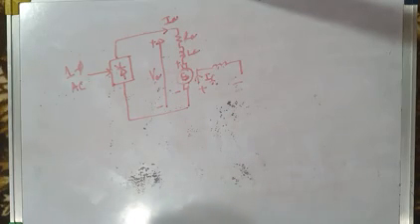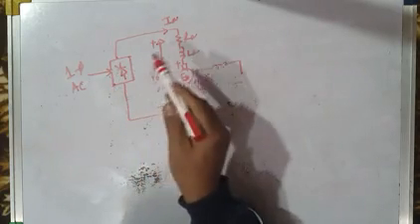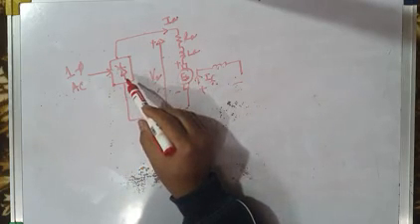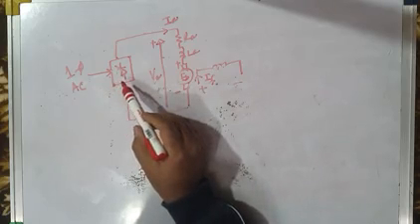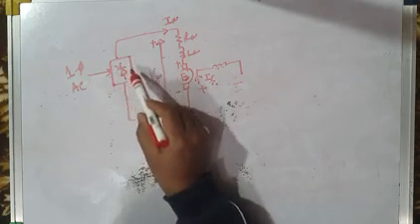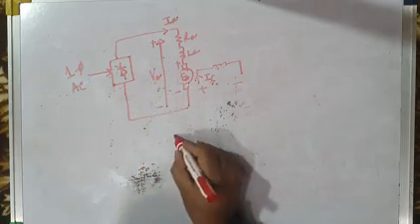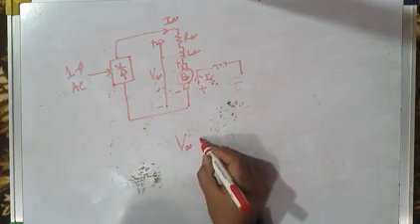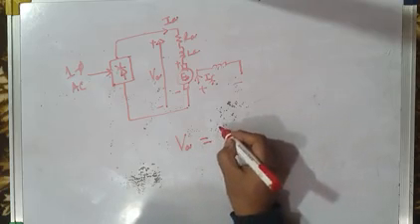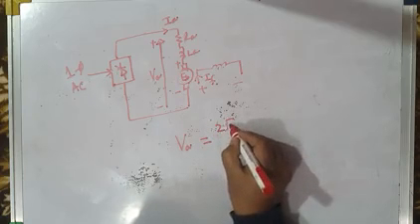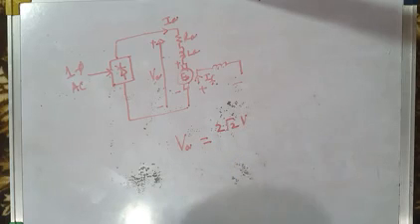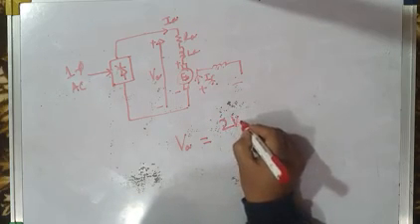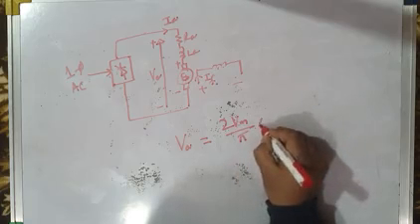Now we know that the output voltage, I'm sure you have studied in your basic power electronics course, the average output voltage of a single phase fully controlled converter, VA, which is equal to our average armature voltage in this case, is given by this relation: 2 root 2 Vm by pi cos alpha, or 2 Vm by pi cos alpha.